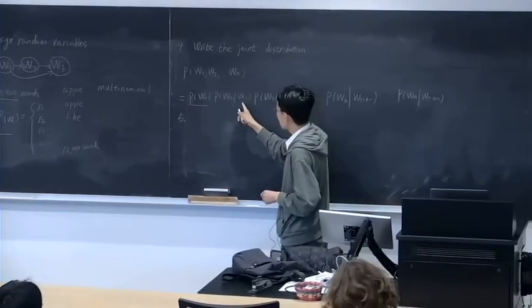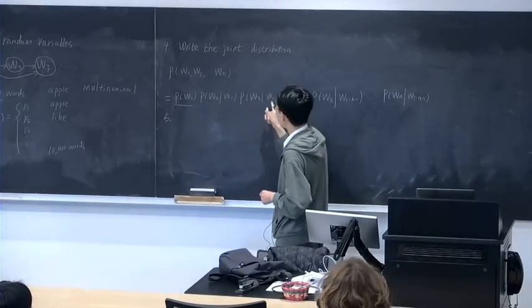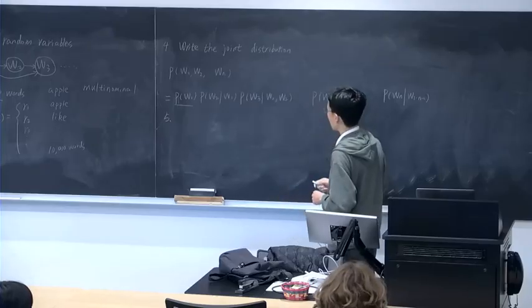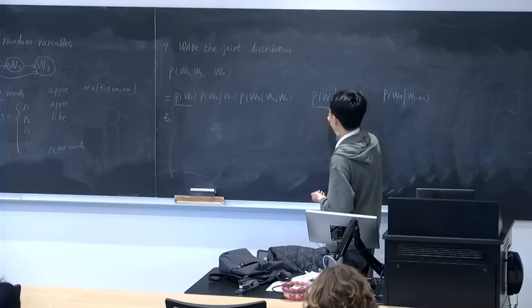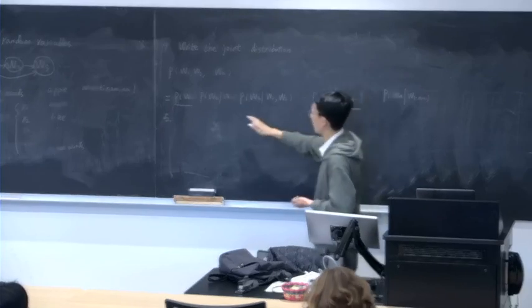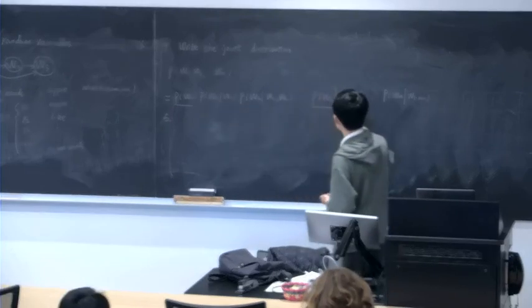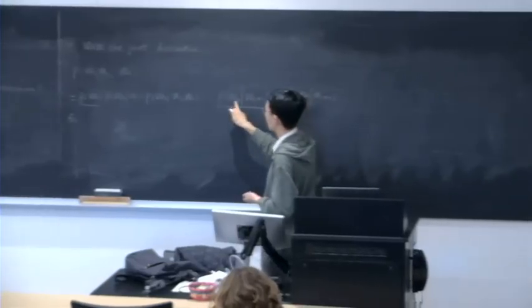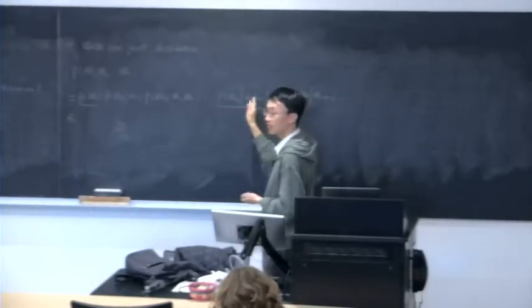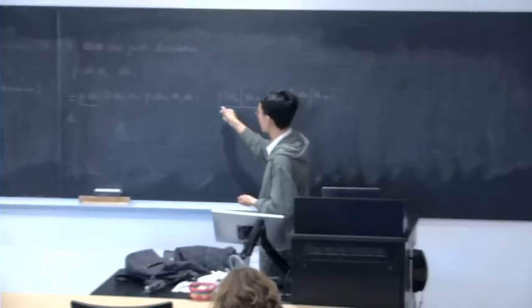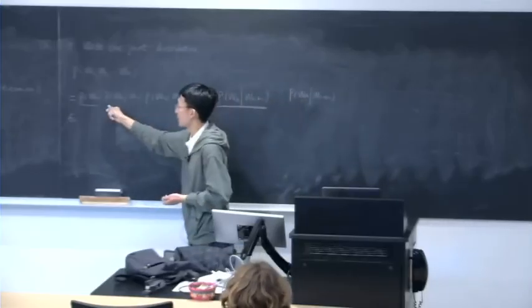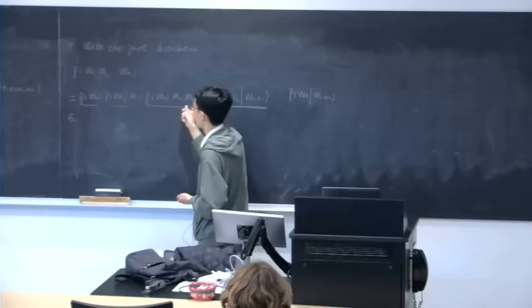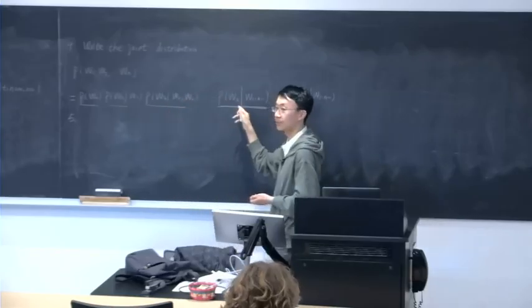Then for these conditional distributions, what do we do? If we look at this general form here, P(WK) conditioned on all the previous words, 1 to K minus 1, right? So if we can define this distribution, then we are done with all these guys, because all these guys are taking this form.